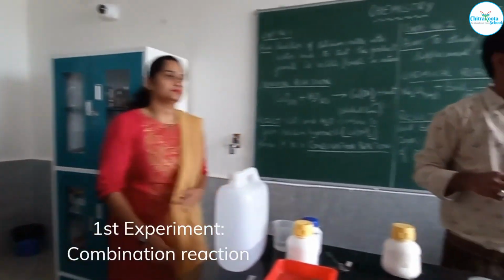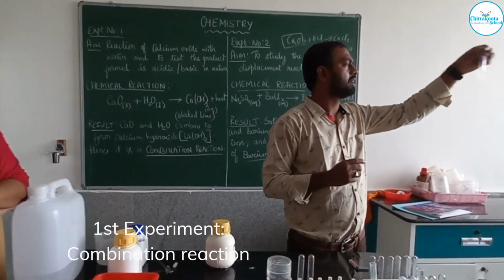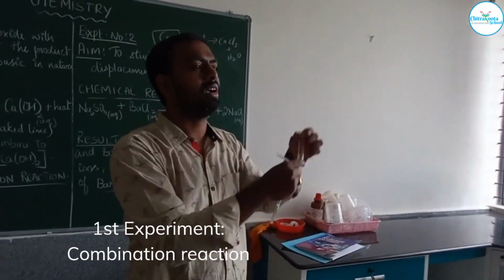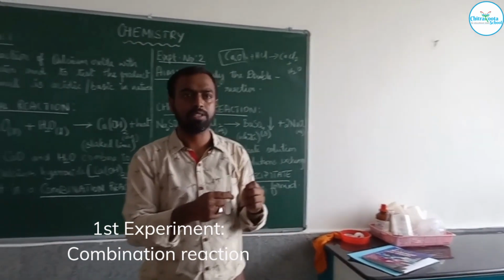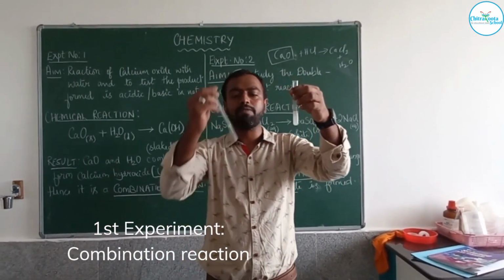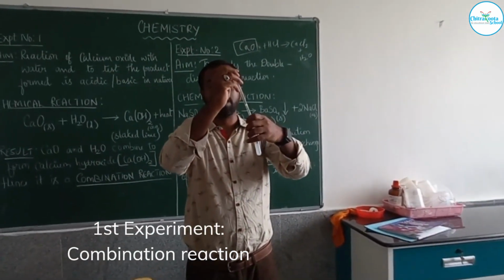Actually, I have taken more calcium oxide. If you take a little less quantity, you can see a translucent kind of liquid, not completely transparent. But when we blow air, what do we exhale? Carbon dioxide.